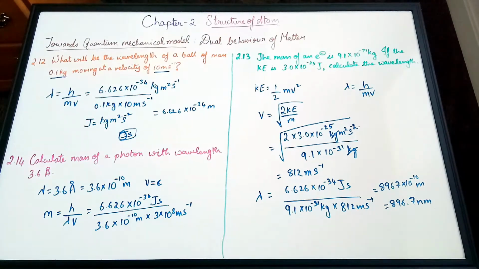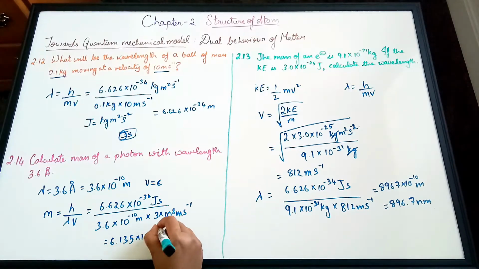So when this is simplified, we will get 6.135 into 10 to the power minus 29 kilograms.